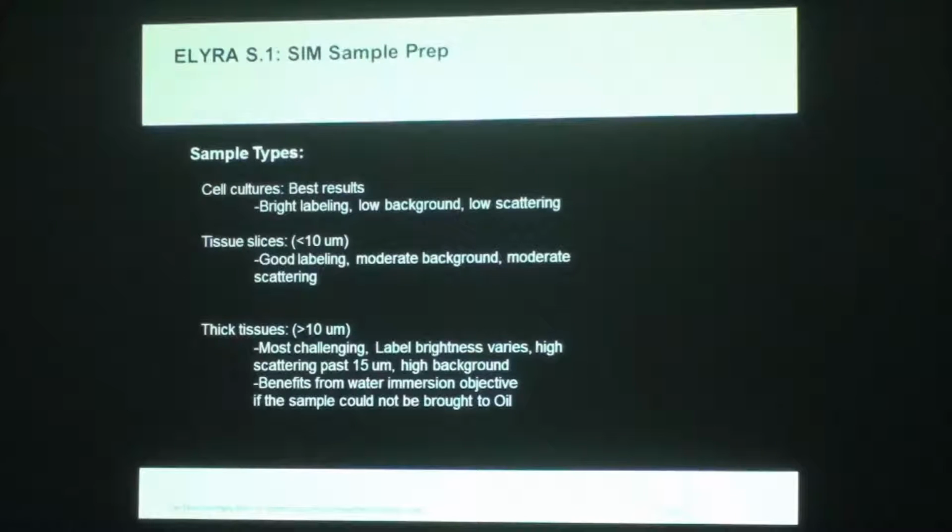So there is a caveat on that. If you use anything thicker than the 10 micron conventional limit, it would be challenging, but there are some ways we can think about how you prepare the sample, how you mount, and stuff like that. We can try to improve the quality.